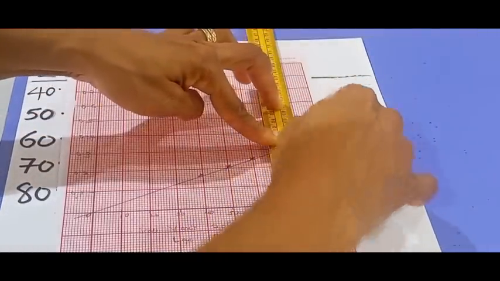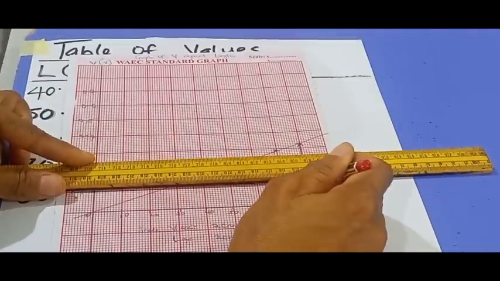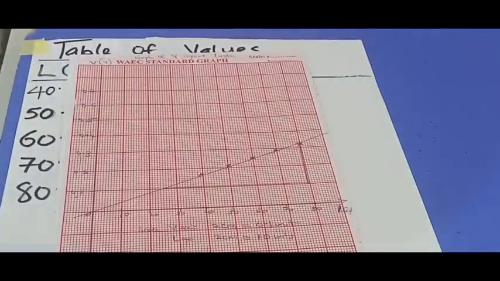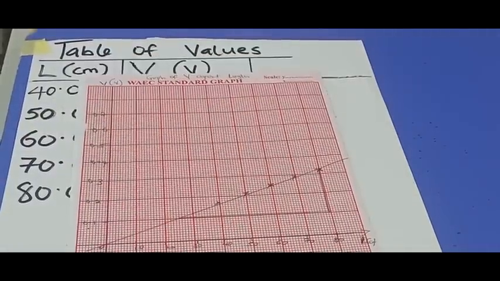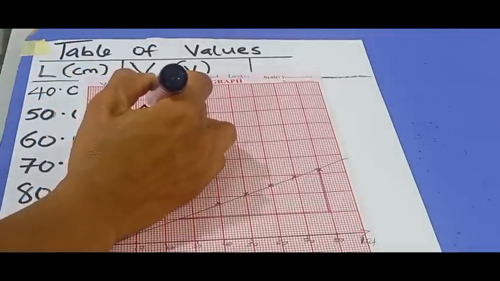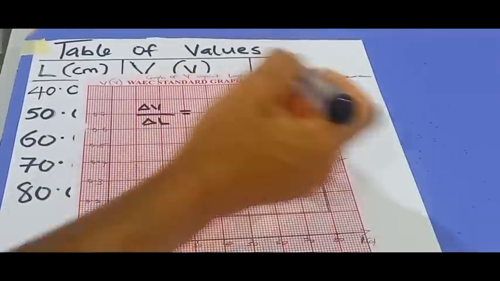So I'll try and get a big triangle to calculate the slope. So for this, I can say change in V over change in L.